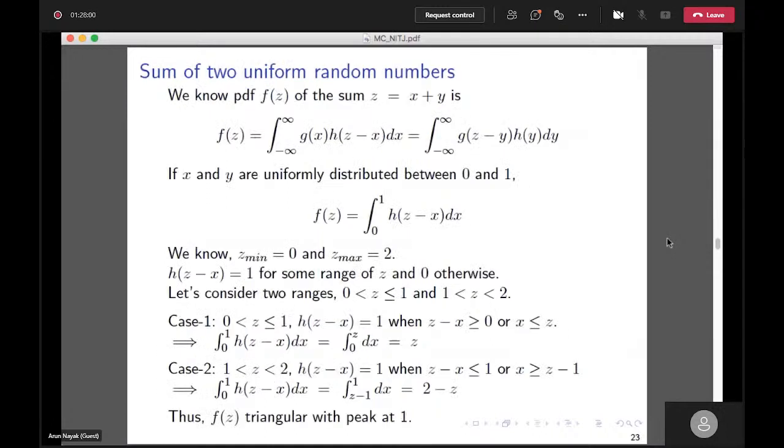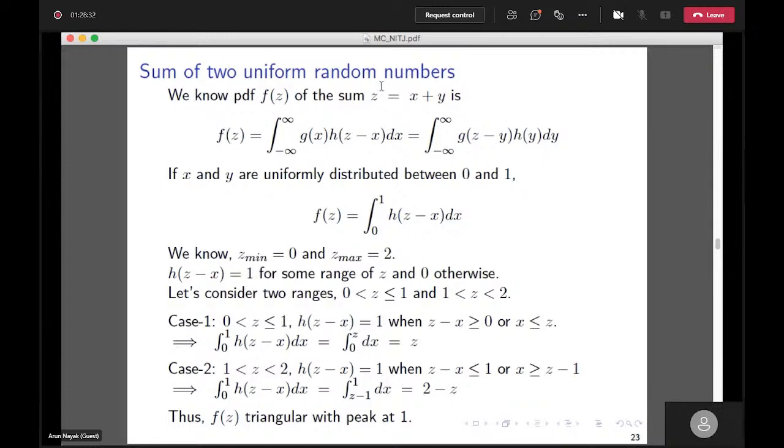Now I give you an example again to check this theorem using random numbers. So first, before going to a large number of random numbers, adding a large number of random variables, you can simply add two random variables x and y. Suppose x and y both are uniformly distributed between 0 and 1, and you add the two. So what will be the PDF of z? So you can calculate this.